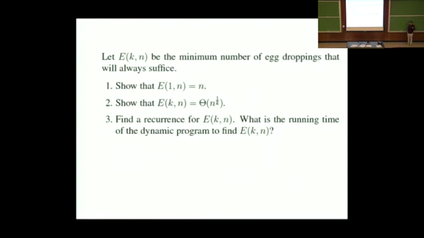If it didn't break, it's got to be above it, and you've got n over 2 floors. What you are proposing is a strategy where it is going to take basically n over 2 plus perhaps 1 toss. Is that correct? Okay. But the question is, can we do better?